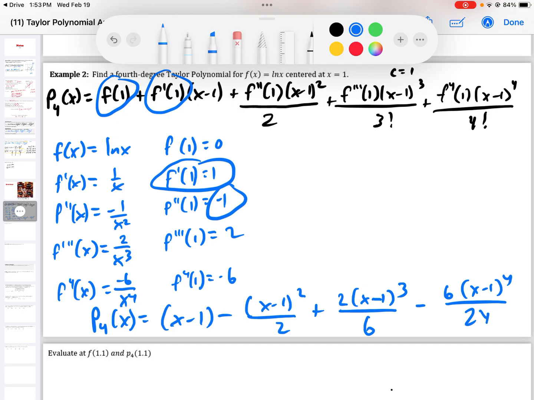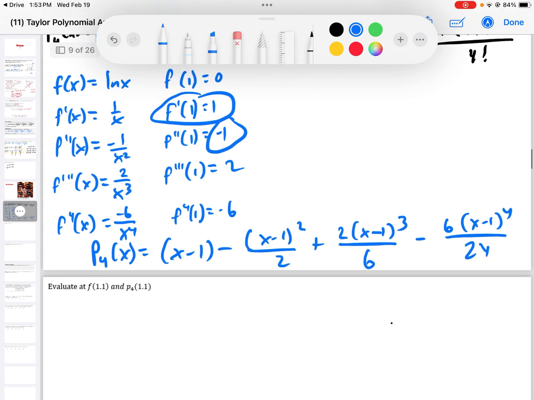What is 4 factorial? 4 times 3 times 2, so 4 times 6 is 24.